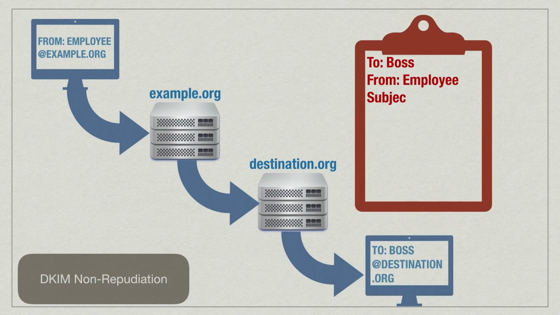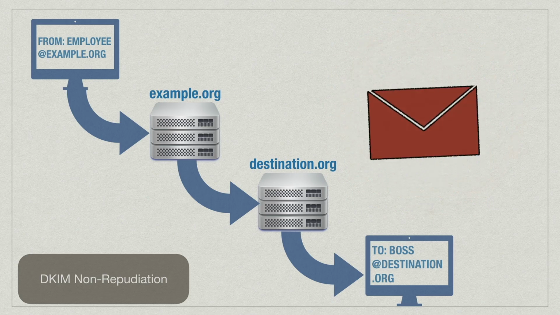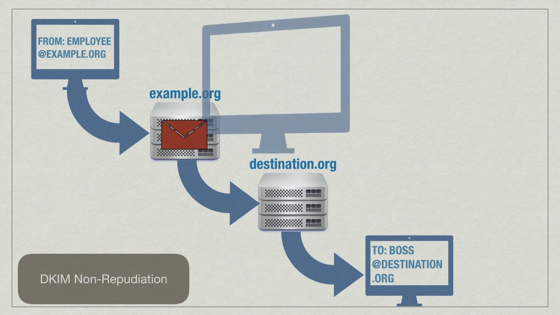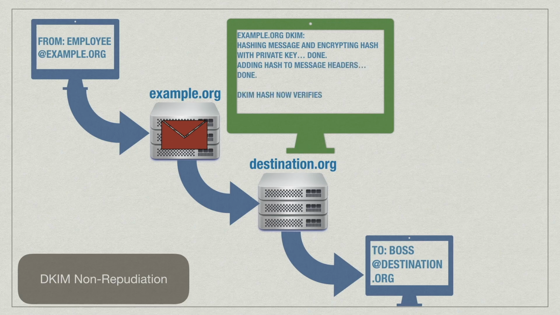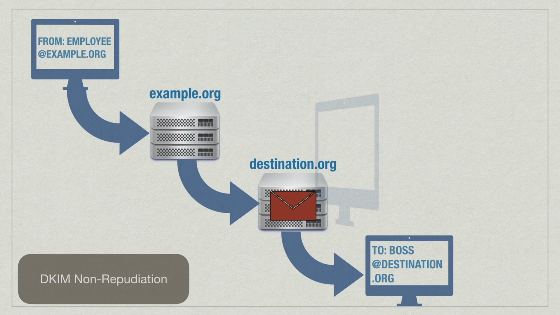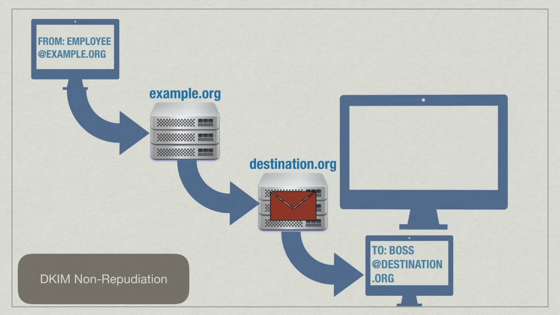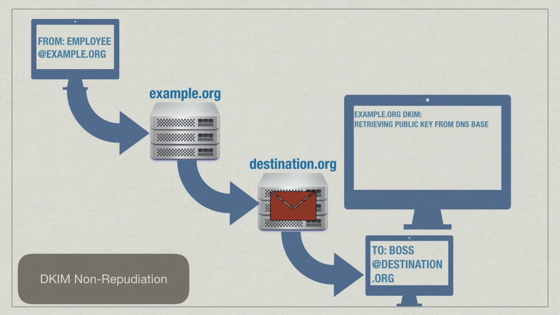Non-repudiation also means that example.org can't say it didn't send the message unless the server was hacked. Note that DKIM doesn't guarantee that a user sent the message, only that it was signed by the SMTP server itself. But if there's any question as to whether or not example.org sent the message, DKIM proves it.